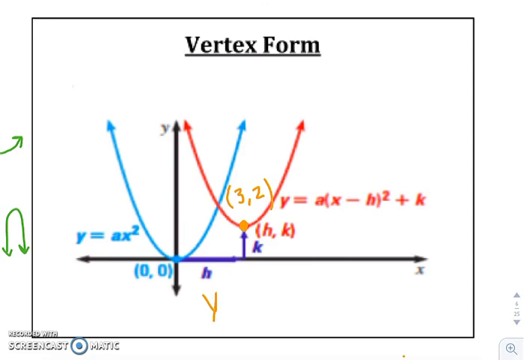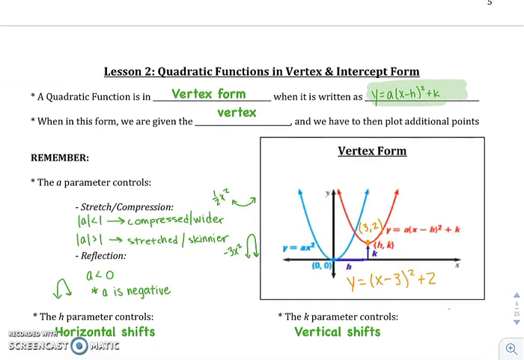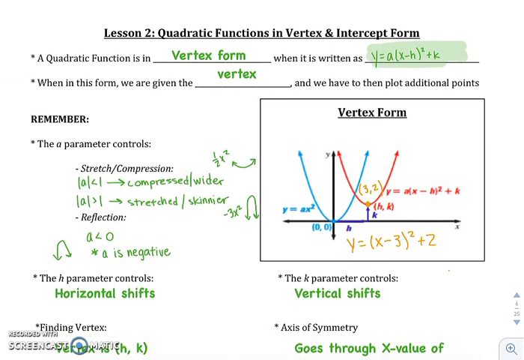So this equation could be something like (x minus, what is the h, 3) squared plus, what is the k, positive 2. So that could be something like what that equation could be if we were to write it.